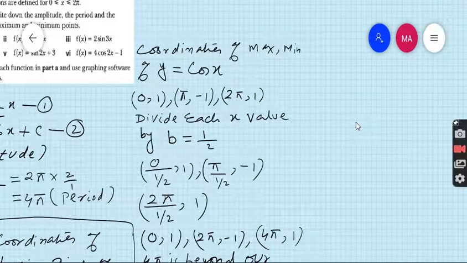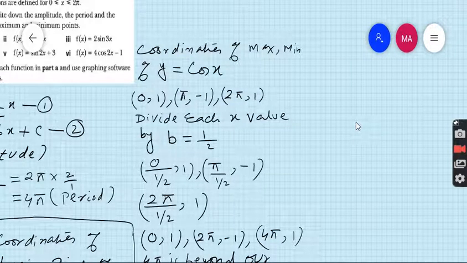You can find this with the help of your calculator. When the value of x is pi, the value of cos x is minus 1, and when the value of x is 2 pi, the value of y is 1. We can take other values as well, but we cannot go beyond our domain.